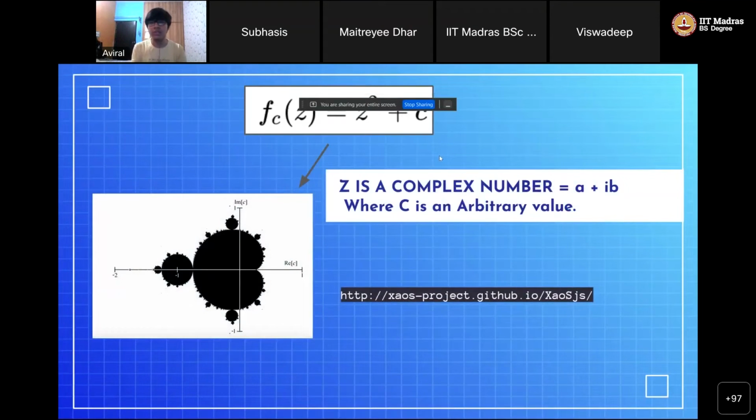As we all know, a complex number has a real component and an imaginary component, a plus ib, and c is an arbitrary value. If we plot this function with the y-axis as the imaginary axis and the x-axis as the real axis, we will get this type of Mandelbrot set pattern.